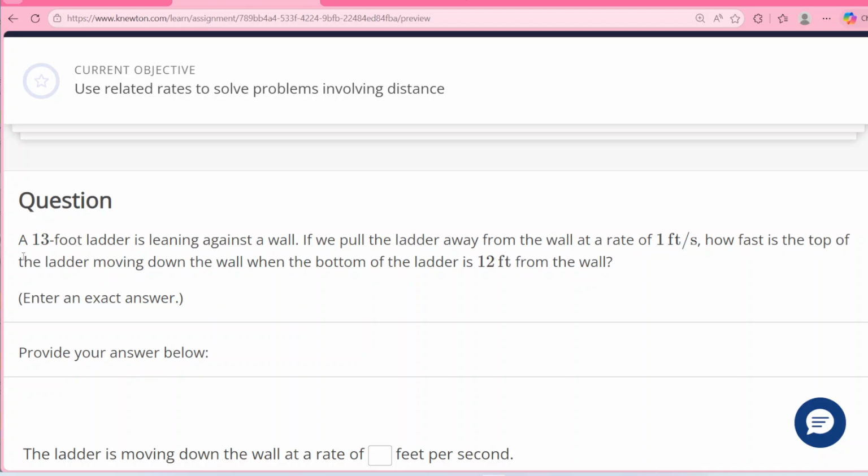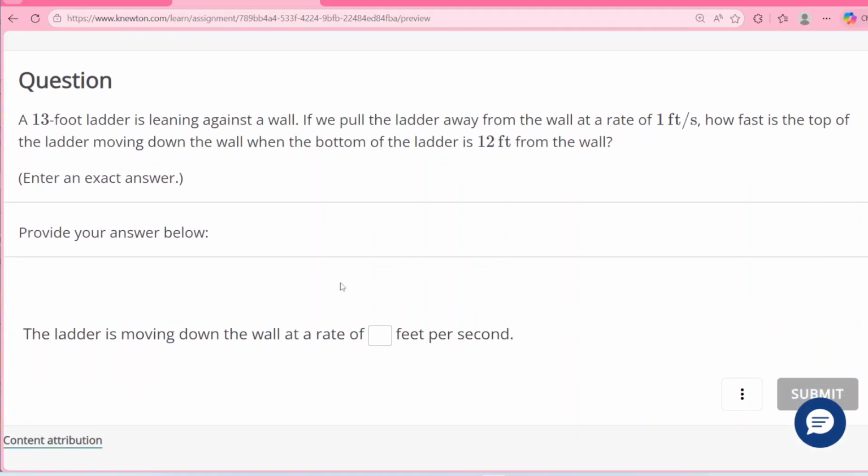All right, so here a 13-foot ladder is leaning against the wall. We're pulling the ladder away from the wall at a rate of 1 foot per second. How fast is the top of the ladder moving down the wall when the bottom of the ladder is 12 feet from the wall?